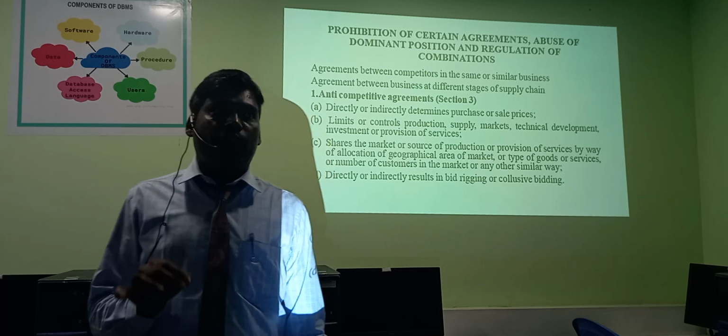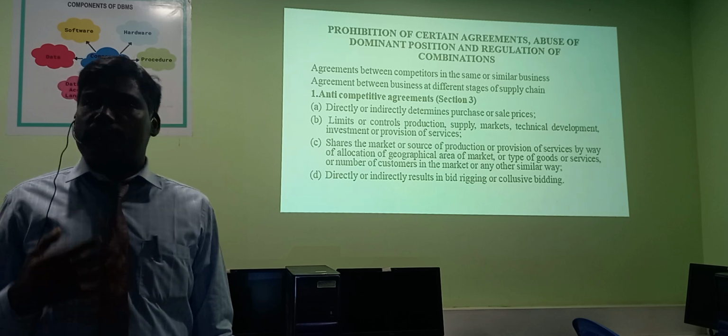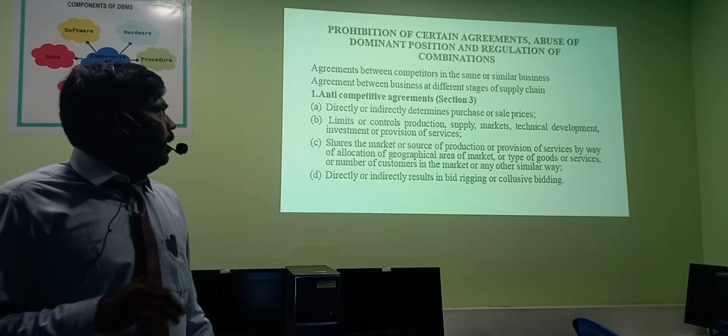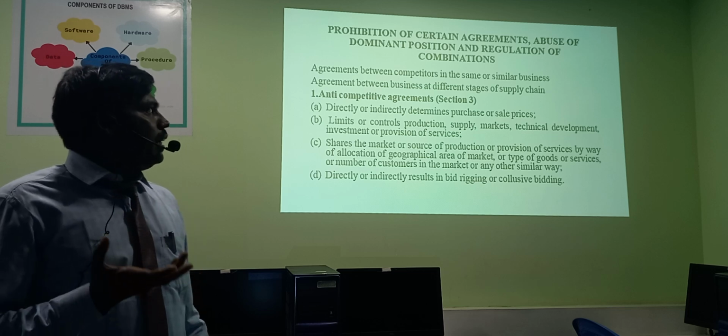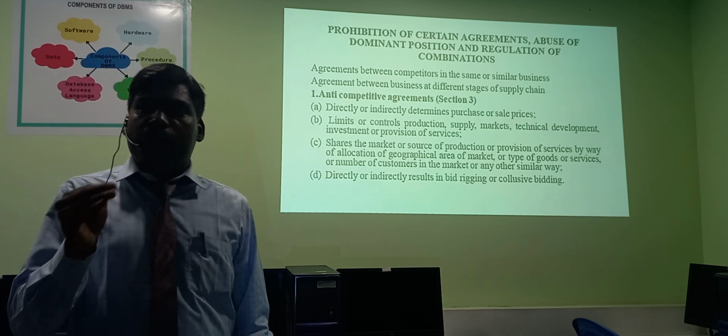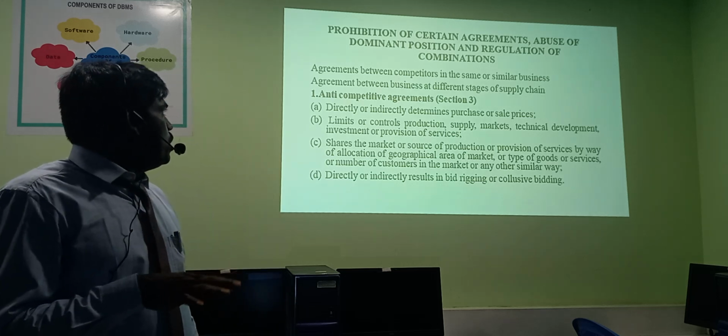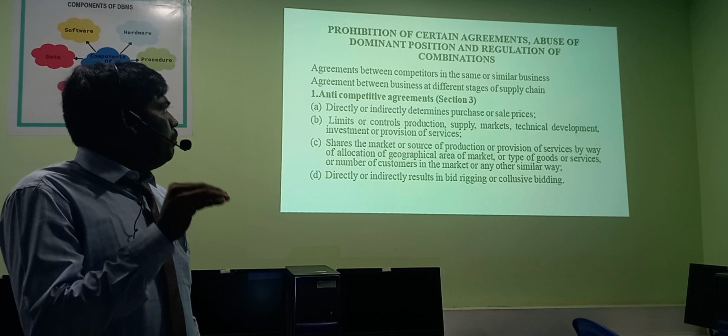What is the prohibition of agreements? It is the prohibition of agreements between competitors in the same or similar business of the product, and agreements between businesses at different supply chains of the product, under the Competition Act 2002. So, what is an anti-competitive agreement?